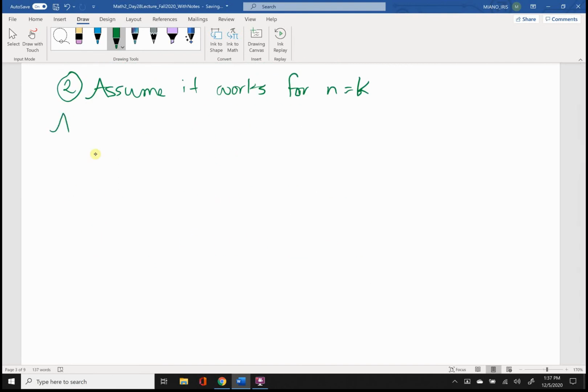Okay, so we get to assume that we have 1 plus 3 plus 3 squared plus dot dot dot plus 3 to the k minus 1 is equal to 1/2 times the quantity (3 to the k minus 1). That was easy, right?